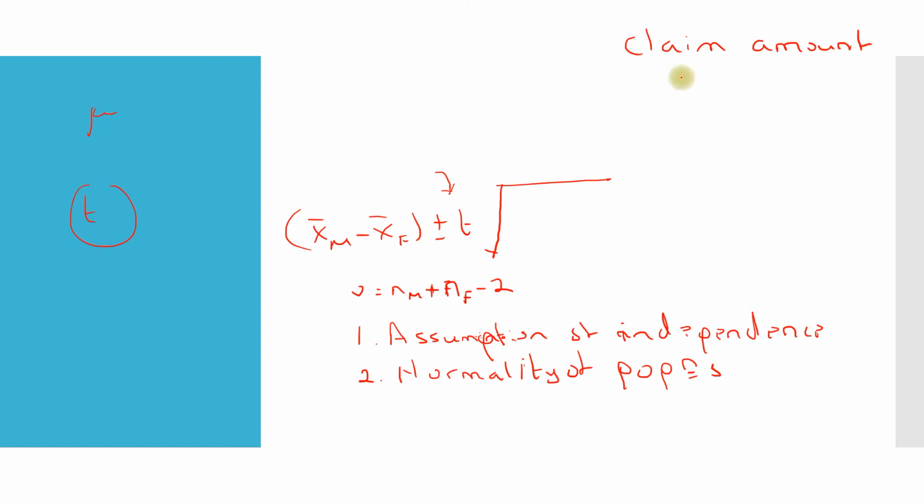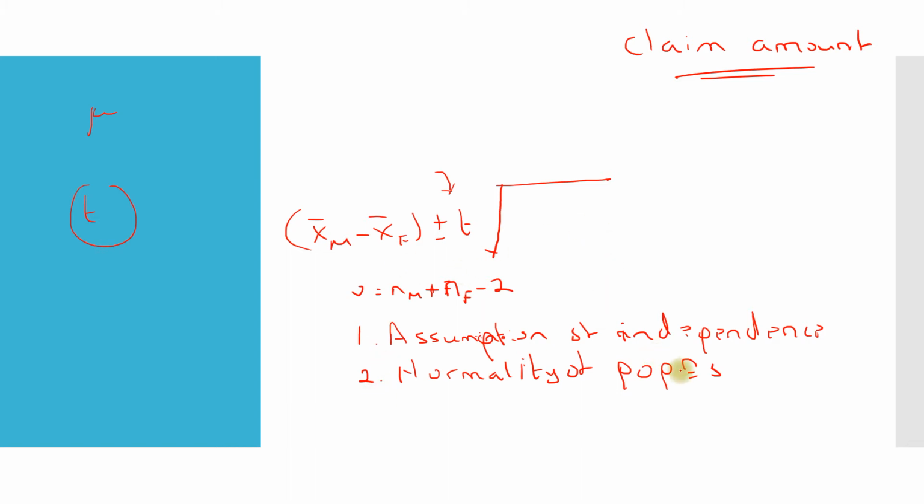Now we are going to assume that claim amounts for male and female come from normal populations. That's what we would have done.